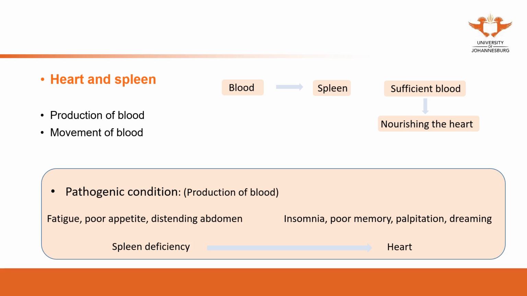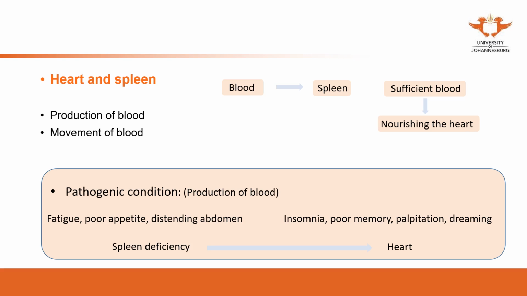such as the insomnia, the poor memory. In Chinese medicine, the insomnia is due to the heart not having enough heart yin, which can be the blood or body fluids in the heart. Then it will cause the disturbing of the heart, causing insomnia.